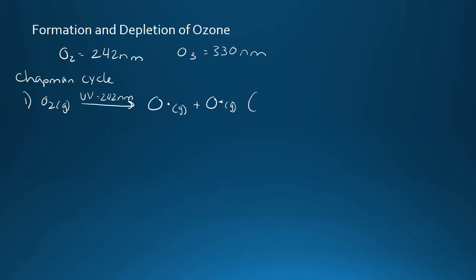And they are very reactive because they want that full octet, whether they're going to give up an electron or gain an electron. So that free radical is like, dude, I'm not happy, right? It's going to interact with an oxygen hanging out right next to it. They're like, okay, we can make this work, and we're going to create O3.